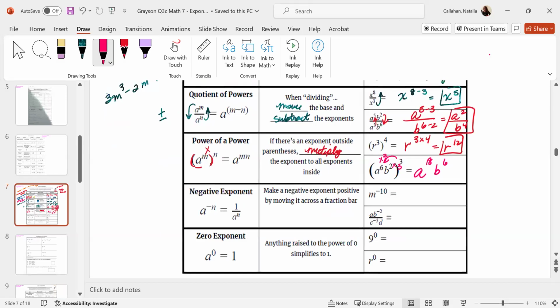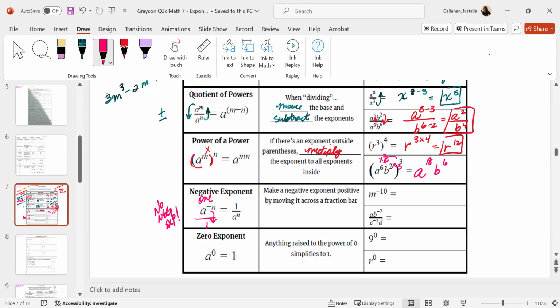Negative exponents. We don't want a negative exponent, okay? So to make it positive, you just move it up or down the fraction bar. You see how this is over 1? When you move it down here, 1 comes up here, and you have a to the n.